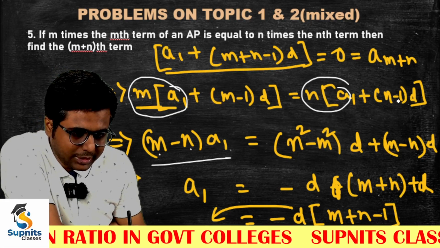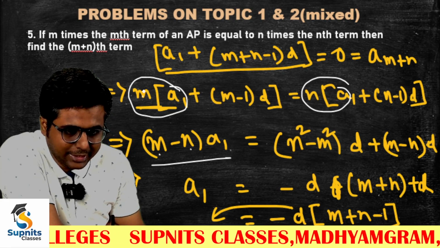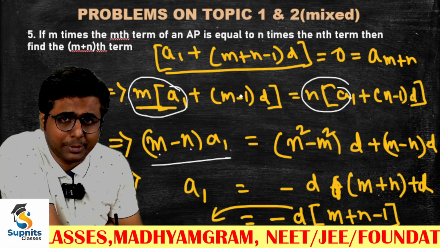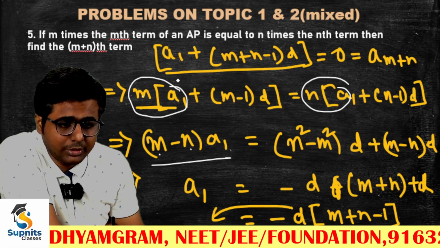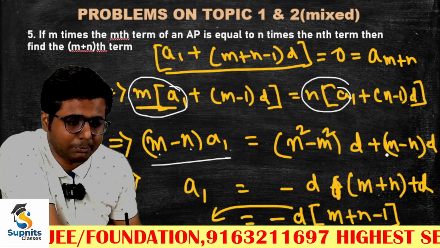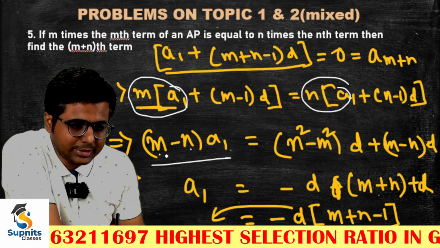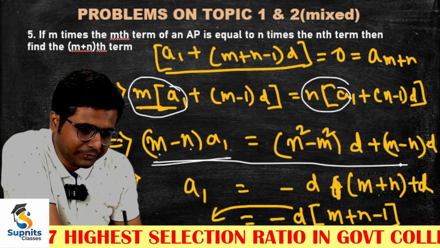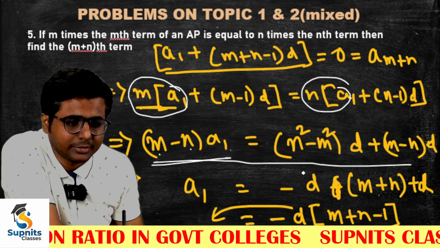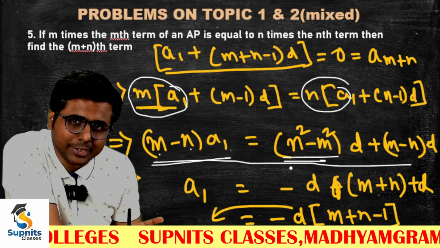Next, here if you see minus 1, this n is going to get multiplied, so minus nd, and here it is minus md. This m is going to get multiplied to this one also. So, this md minus md is going to go that side and become plus md. So, plus (m minus n) into d. Clear? Now, I can divide each and every one by m minus n, and that is what I did. So, here there is n minus m, m plus n.